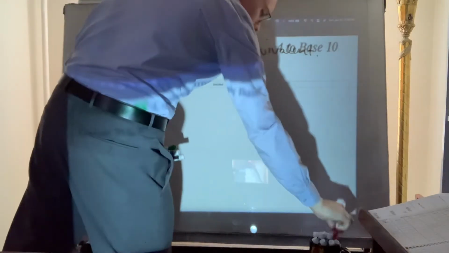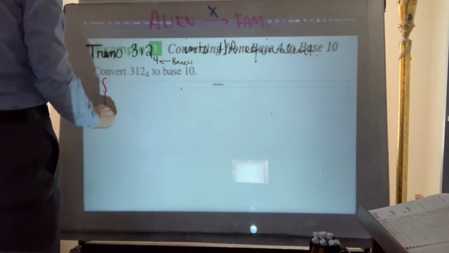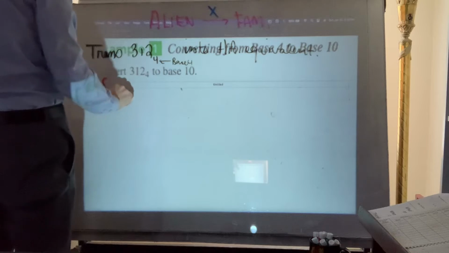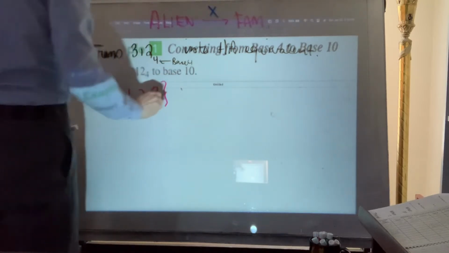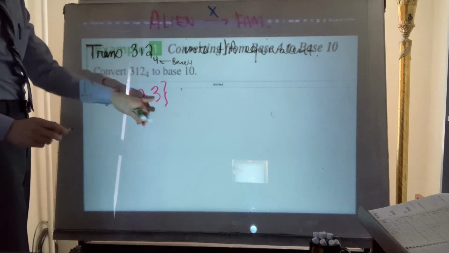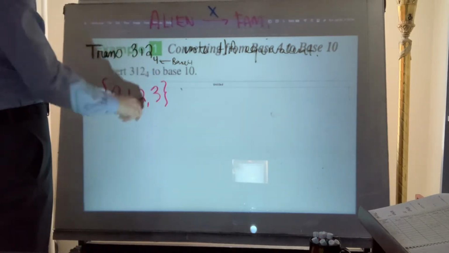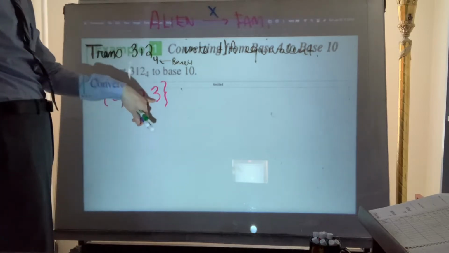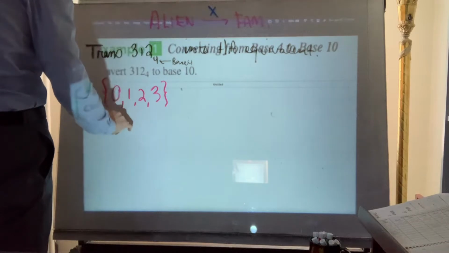The character set of base 4 is always starting from 0: 0, 1, 2, and 3, right? It's always that many digits wide, if you will, in a roster. 1, 2, 3, 4 things. And if you start at 0, you're always going to be one number shy of the base. This is base 4.